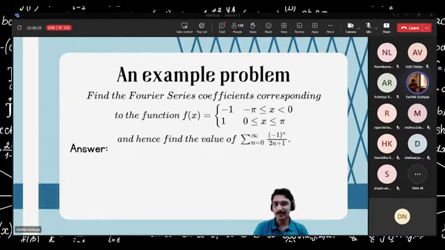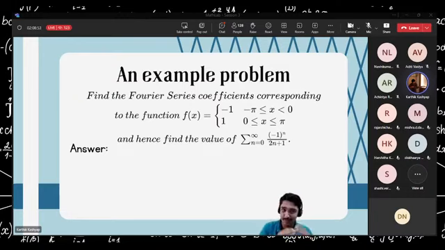Now we have an example problem that we will solve using the Fourier series that we have learned so far. Let's say there is a function f of x that is equal to -1 from minus pi to 0 and 1 from 0 to pi. Of course, this is a periodic function and I mentioned only the values from minus pi to pi. After this, again, it goes on like this itself.